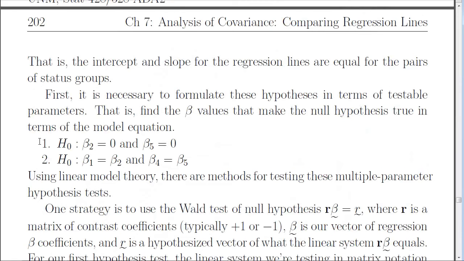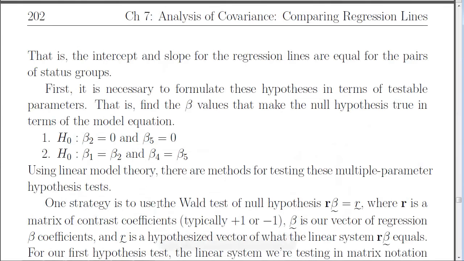All right, so here are our answers for those two hypotheses. And one general strategy is to use something called the Wald test. The Wald test is a strategy for performing these types of hypotheses where you specify the hypothesis test in terms of a matrix R. Oh boy, this is awful notation.